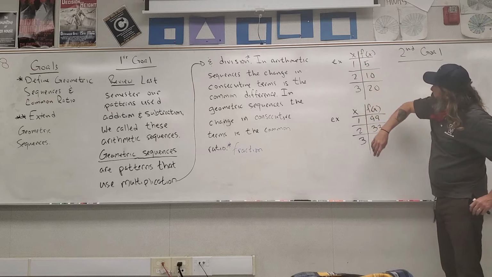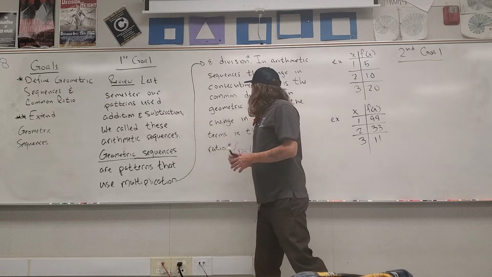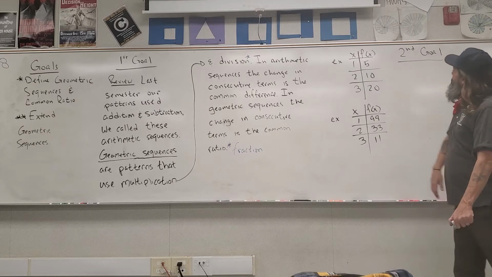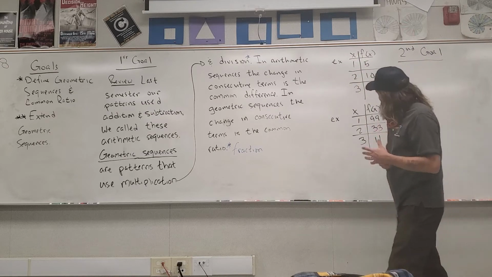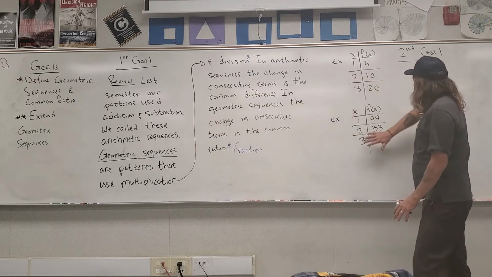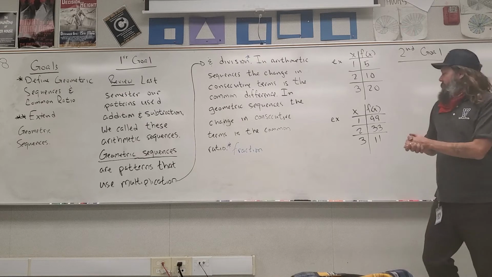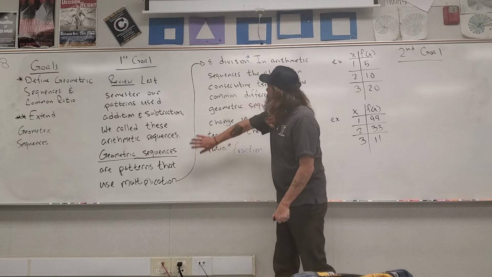We'll see later on that these numbers can be spaced out, not start at 1, like we saw last semester with arithmetic. So this is kind of a review lesson, but we're using multiplication and division now.